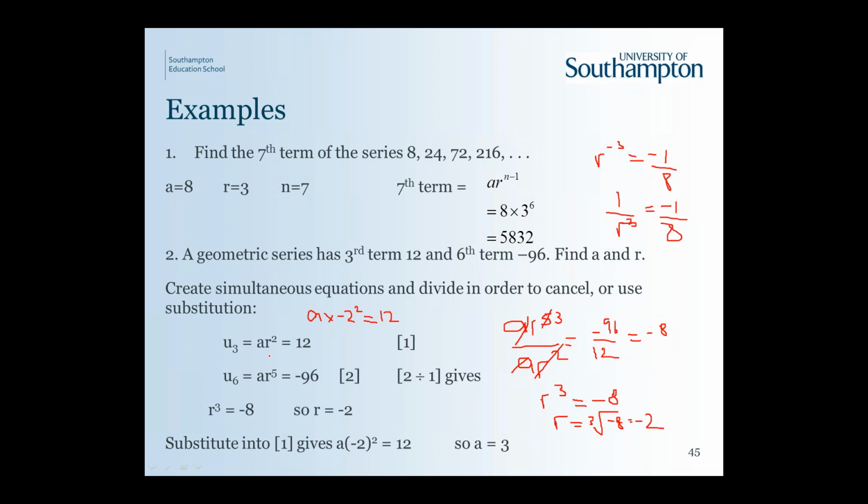Another way to think about it is you can substitute it into another equation. You could rearrange it so that A is 12 over r squared, if you prefer, and then substitute that into here. So you've got 12 over r squared times r to the 5 is minus 96.